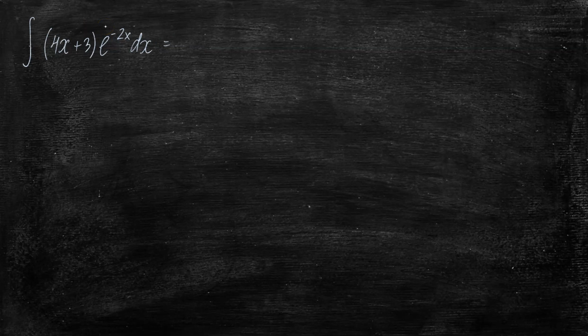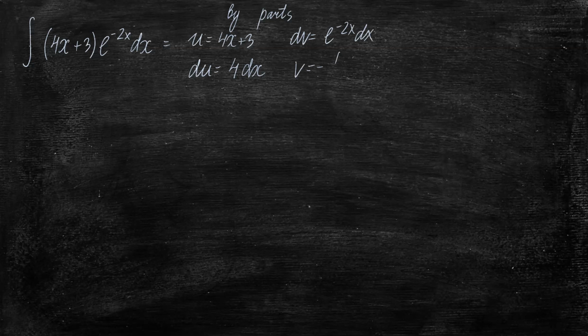I'm going to do this by parts. I'm going to choose my u to be 4x plus 3, then du will be 4 dx, and dv is e to the negative 2x dx, thus v is negative 1/2 e to the negative 2x.